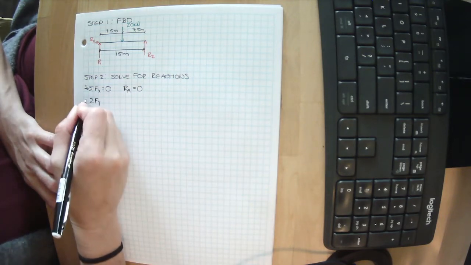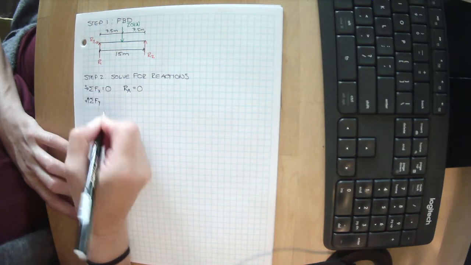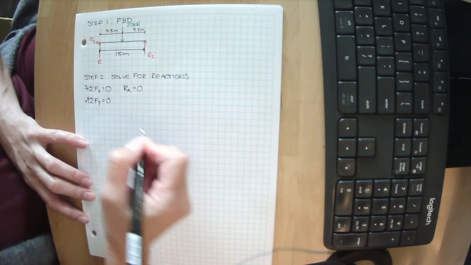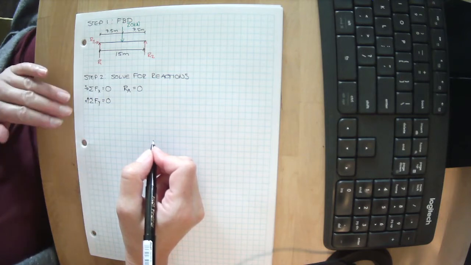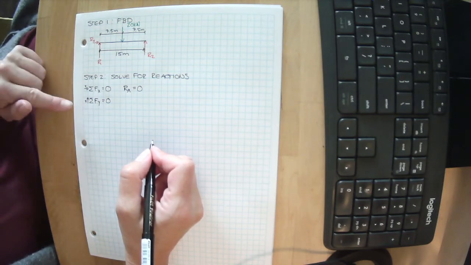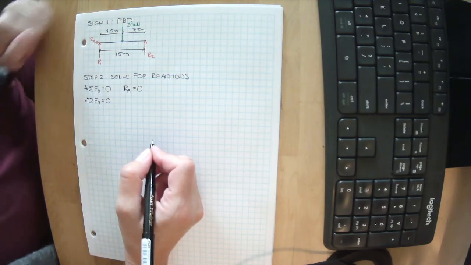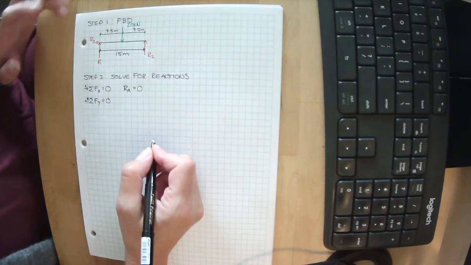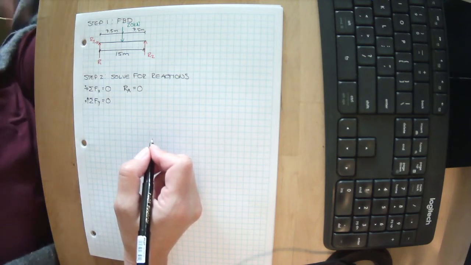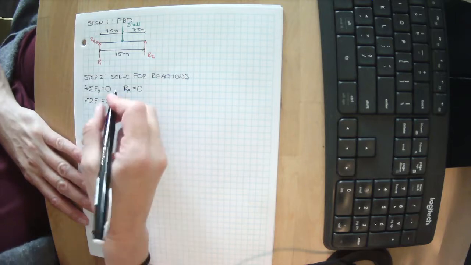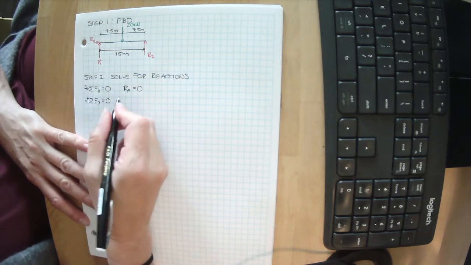Let's sum our forces in the y direction, where everything upwards is positive. Now, normally I go right to the moment equation and then do the y equation after, just because I've done this enough. I'm pretty lazy and I know a few tricks to make this go a bit faster. Well, let's see.